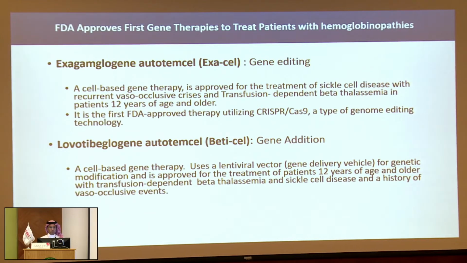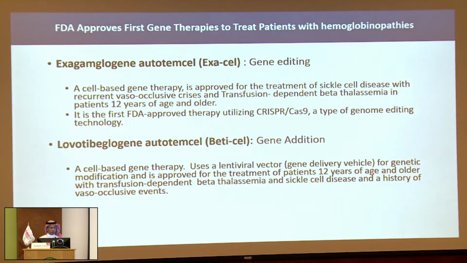The two products that are available and FDA approved are, first, the XSL, which is a gene editing therapy approved to be used in patients with severe vaso-occlusive crisis in sickle cell or transfusion-dependent beta thalassemia for patients older than 12 years old.